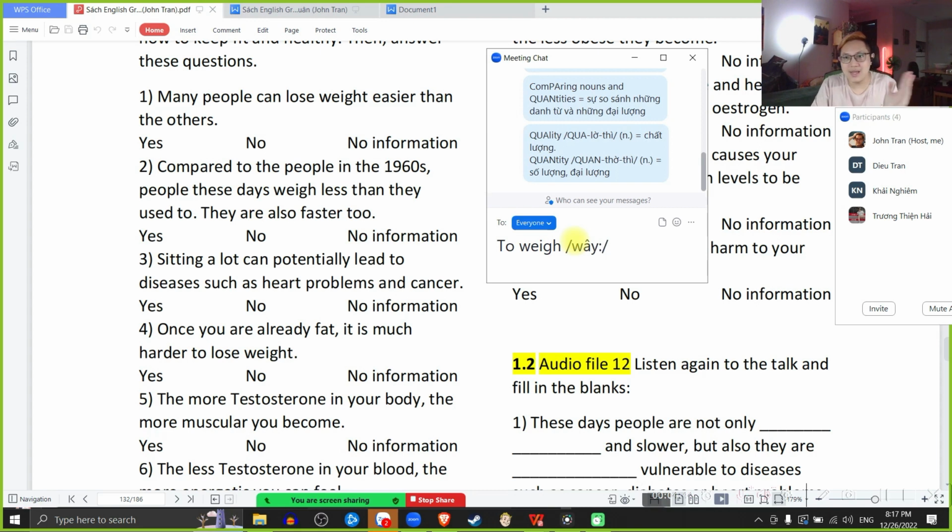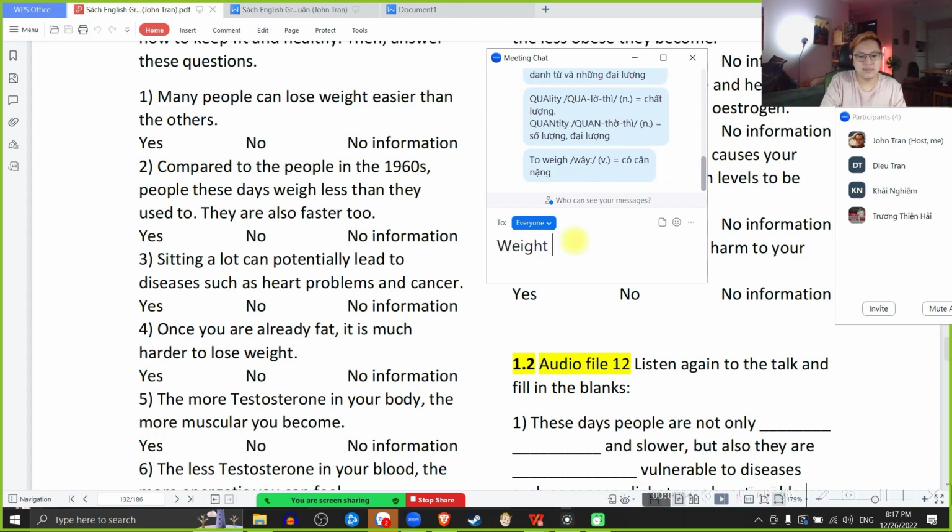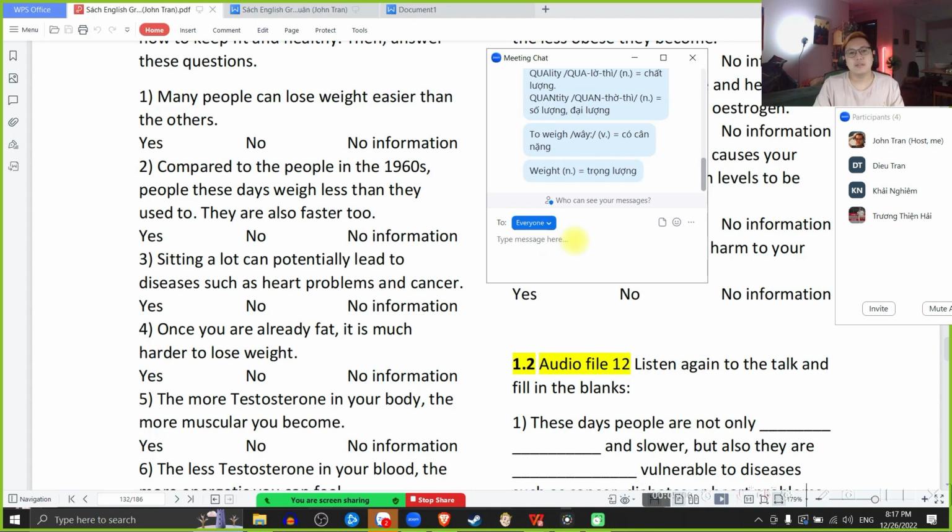Kéo dài ra xíu. Weigh, just like prolong a bit. Weigh, có cân nặng. So it's related to the word weight, trọng lượng. Nếu so sánh với những người vào những năm 1960, con người ta ngày nay có trọng lượng ít hơn là họ đã từng. They're also faster too, họ cũng nhanh hơn nữa.